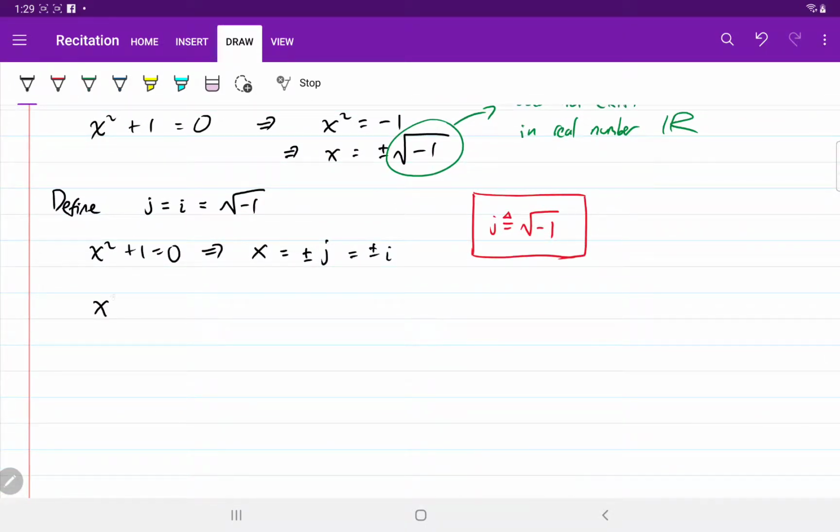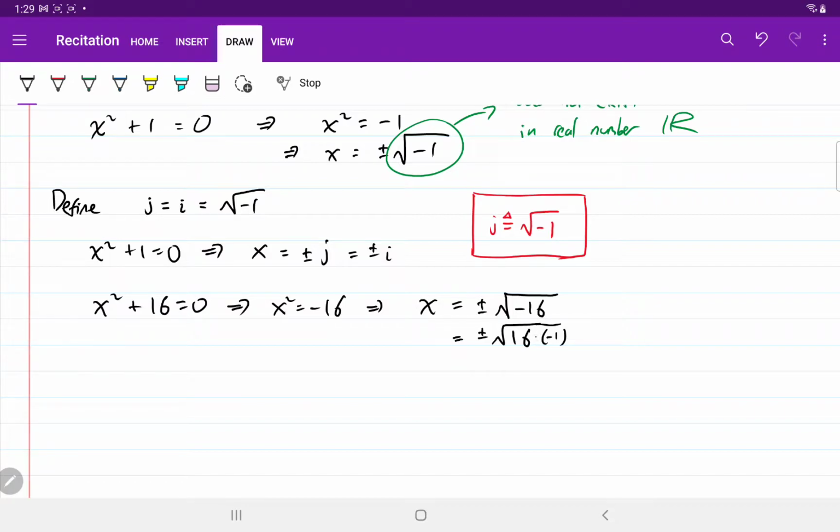This way, if we have another quadratic equation, we can write the roots as: x squared must equal minus 16, so x must be plus minus square root of minus 16, which is plus minus square root of 16 multiplied by minus 1, right?